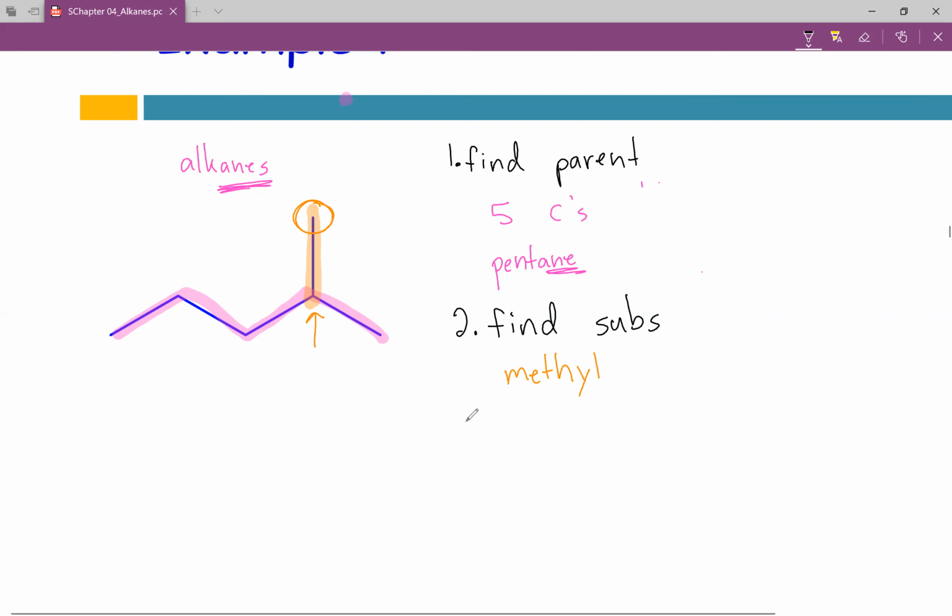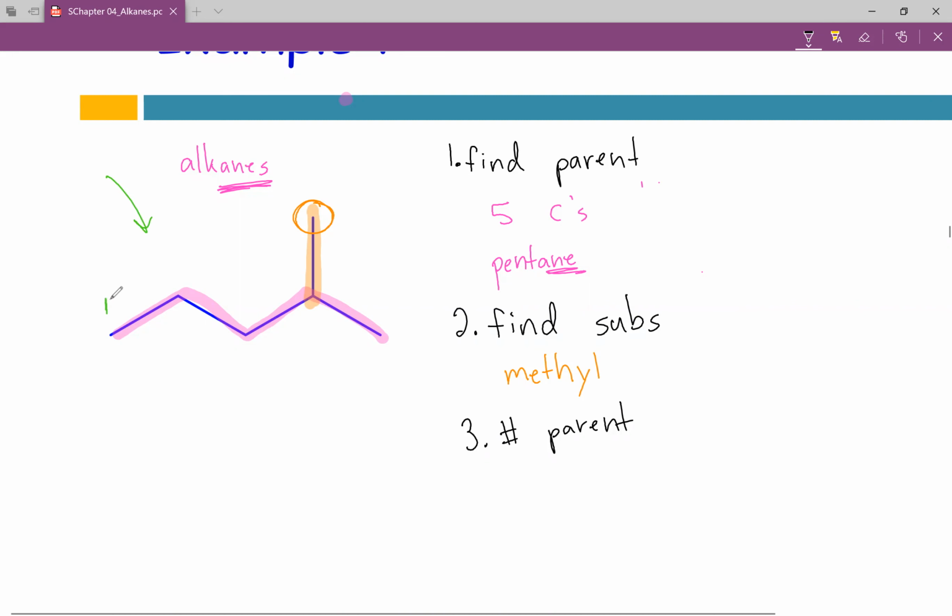And so now I'm going to number the parent chain. The rules for numbering the parent chain are pretty simple. The carbons have to be numbered consecutively, but there is one rule that we have to keep in mind. We want to number the parent chain so that we give each substituent the lowest number possible. What I mean by that is, looking at this chain right here, there are 2 possible ways of naming it.